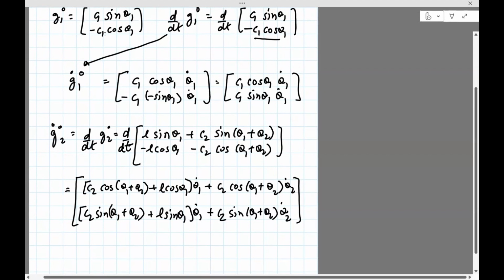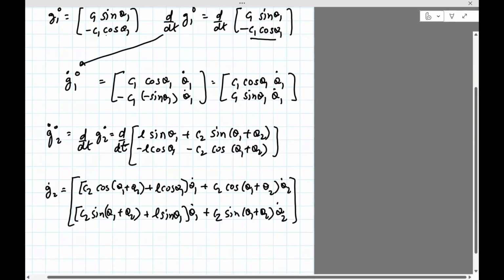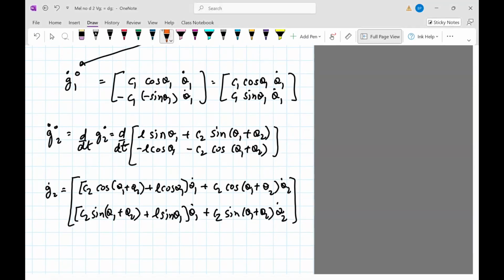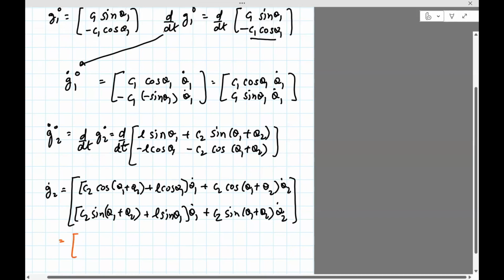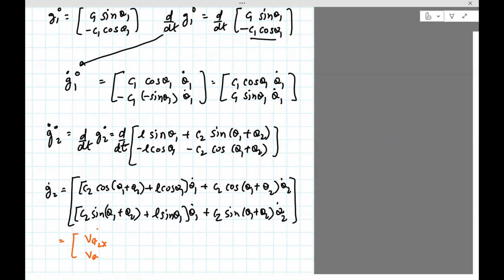Okay, so that's that. This will have two terms. So this is VG2X, VG2 in frame 0, and then VG2Y in frame 0.